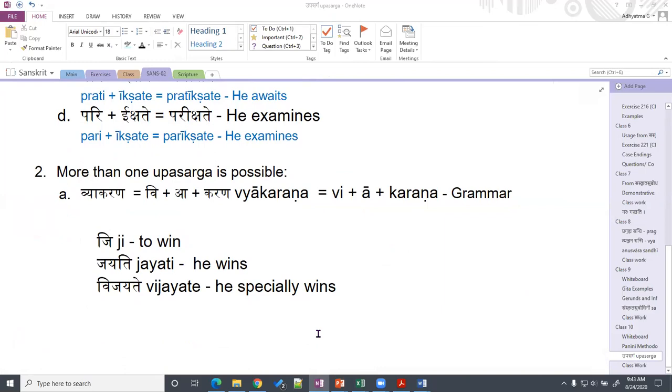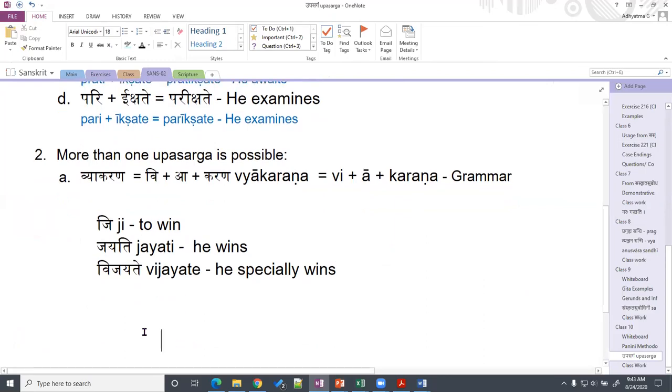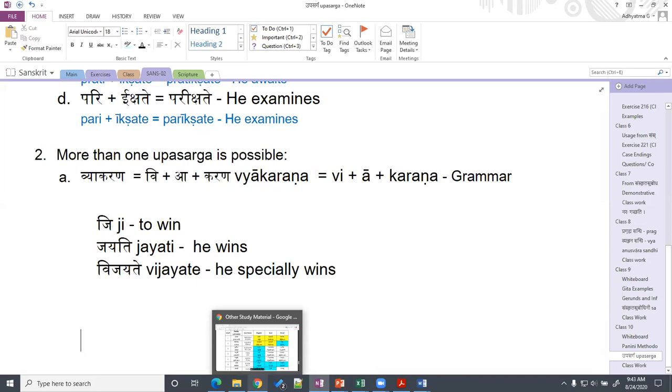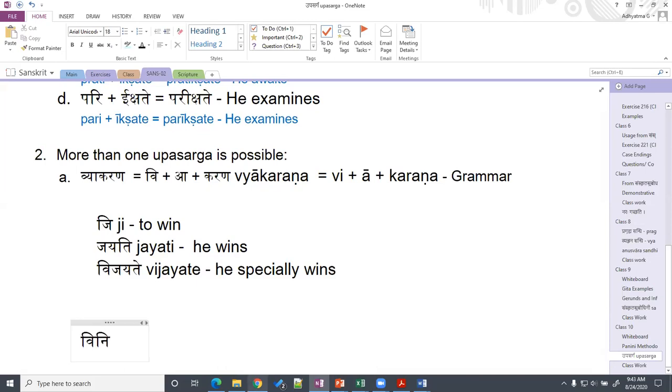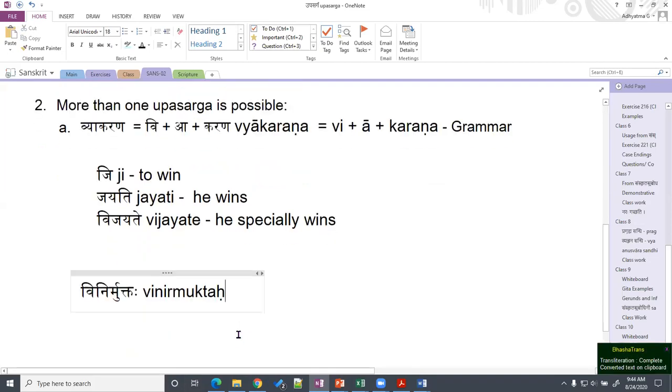Okay. There is a question. Vinir muktaha. Can you explain this word? So there is a question related to vinir muktaha. So this is formed by the prefixes. So vi plus nis.